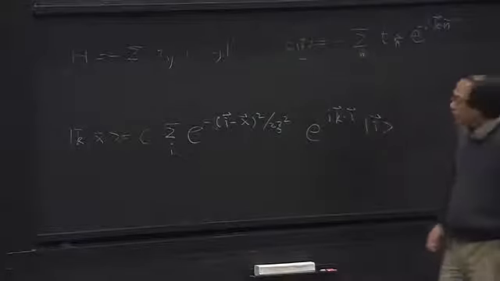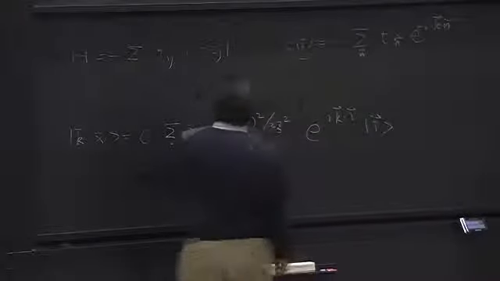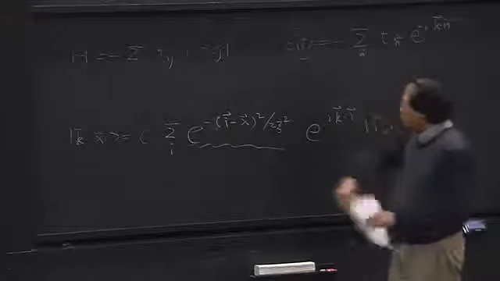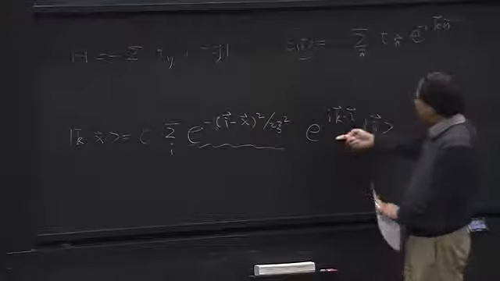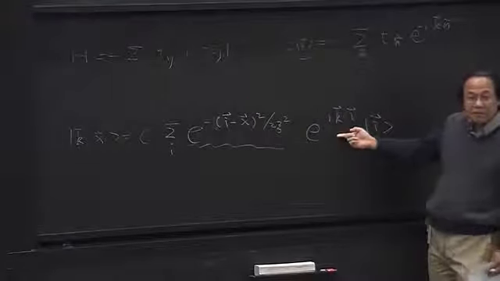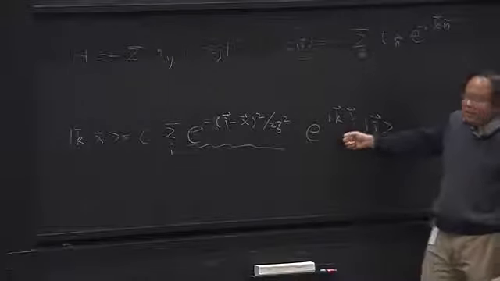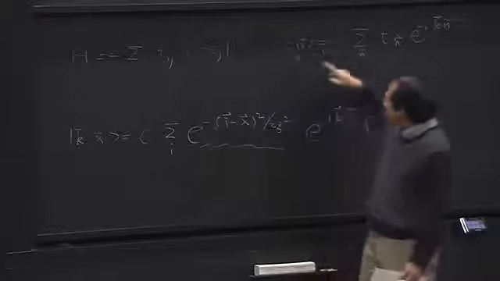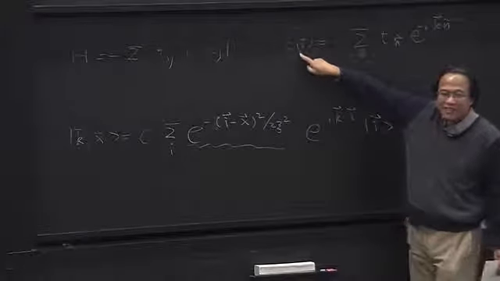So what we do here is the following. We just include this Gaussian factor. Remember, if you don't have this Gaussian factor, this is just a plane wave. And this plane wave is the eigenstate of this Hamiltonian, whose eigenvalue is epsilon_k.